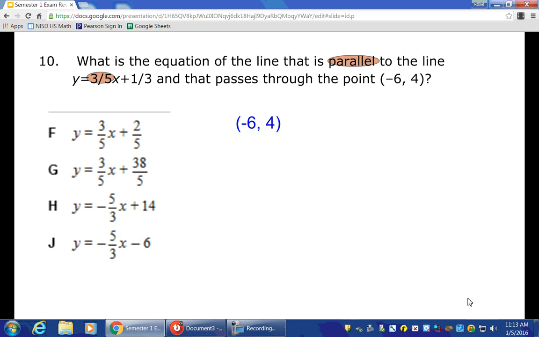Well, if they're parallel, the slopes of the lines are the same. So the slope of my new line will also be 3/5. Well, I'm given a point and a slope, so I can use the point-slope formula: y minus y1 equals m times x minus x1.